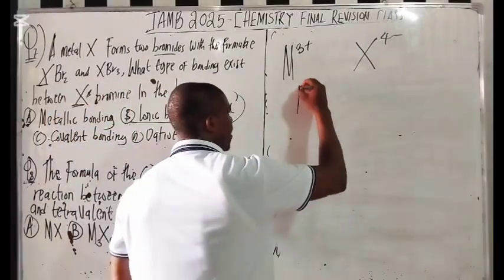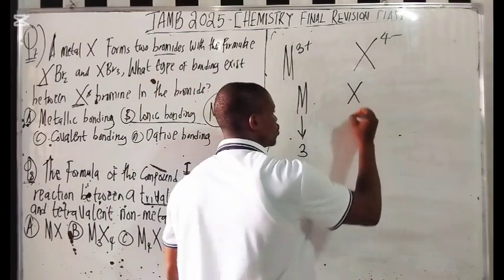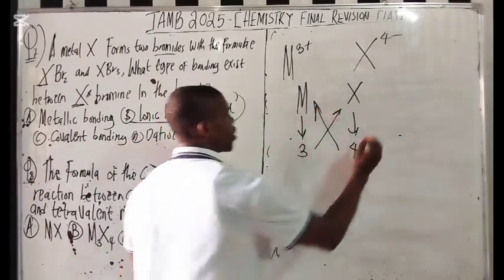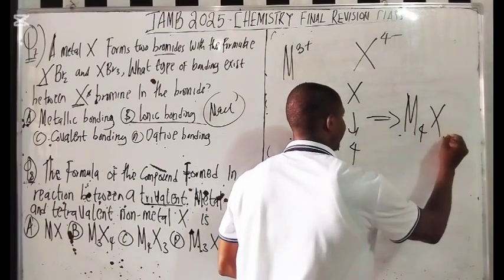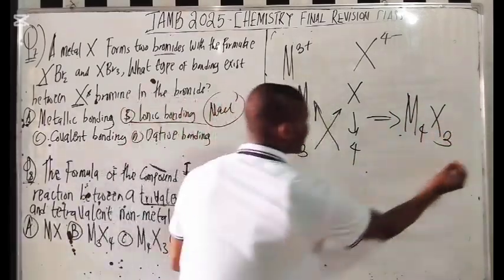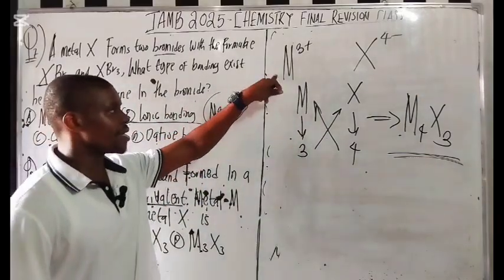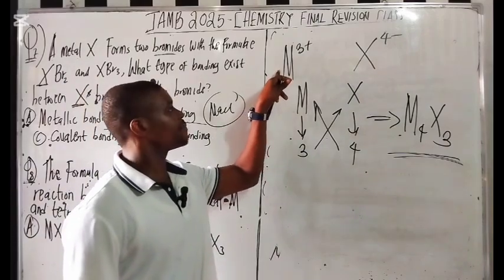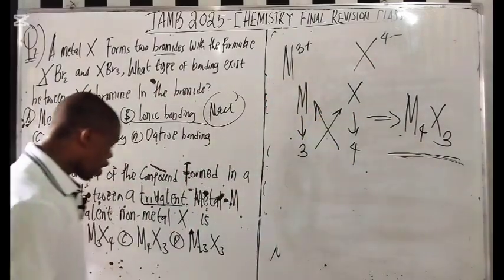You bring your M here and place 3. Then X, you place your 4. Then bring this one here, and you are going to get M4X3. So this is the compound formed between a trivalent metal and a tetravalent non-metal. So let's check the options.